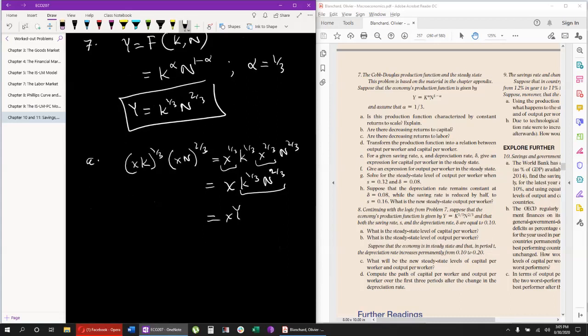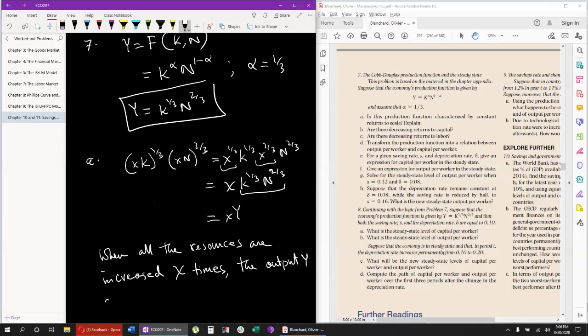So what that means is that when all the resources are increased x times, the output y also increases x times.